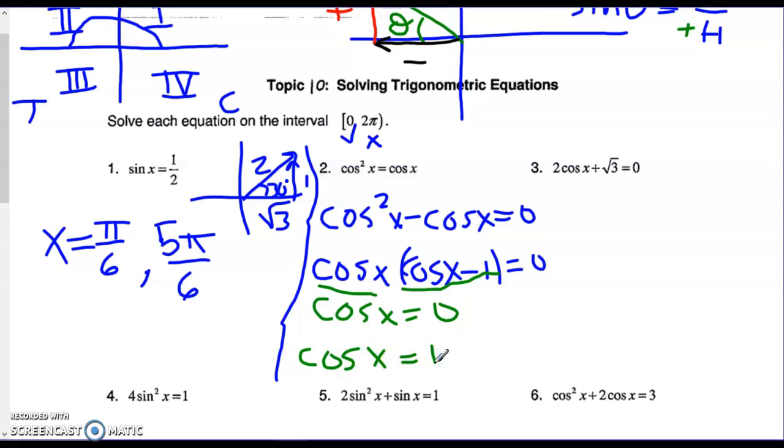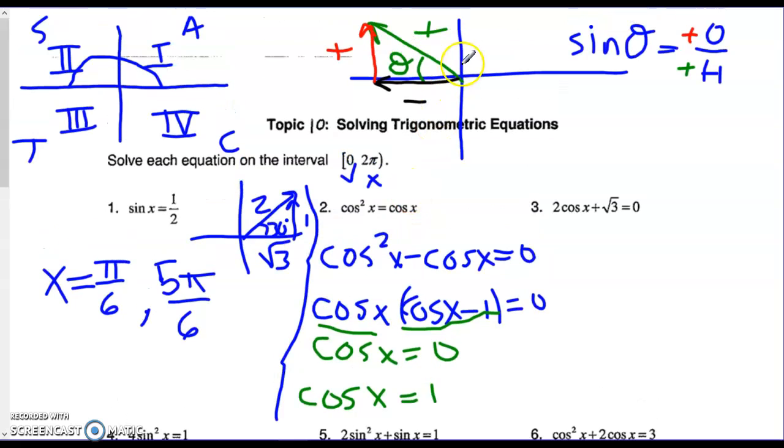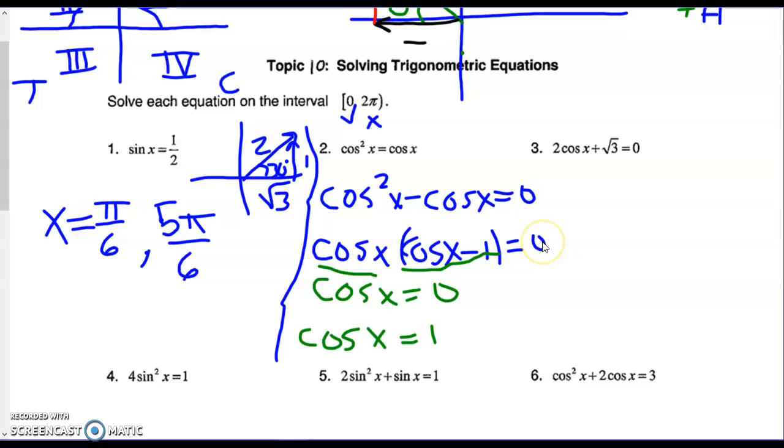So the cosine of x is equal to 0 whenever it's along the y-axis. So that would be like here and here. So that would be pi over 2 and 3 pi over 2. And the cosine of x would be equal to 1 whenever the x value is positive, because remember, cosine is dealing with an x value.